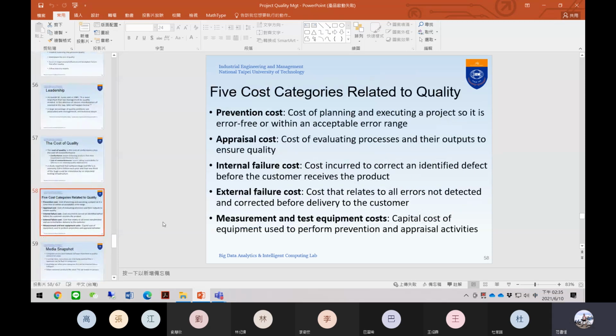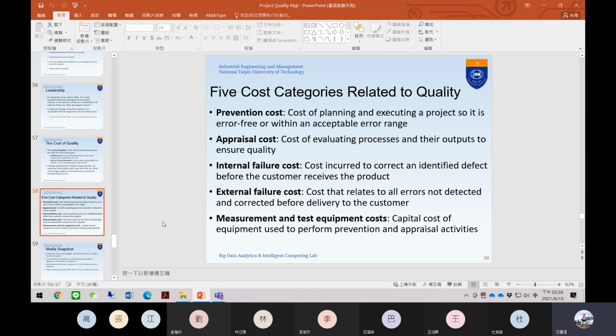So there are five cost categories related to quality. First, prevention cost: the cost of planning and executing a project so it is error-free or within an acceptable error range. It can make mistakes, however, which can be tolerated or handled by the current team or by the current maturity of the department.